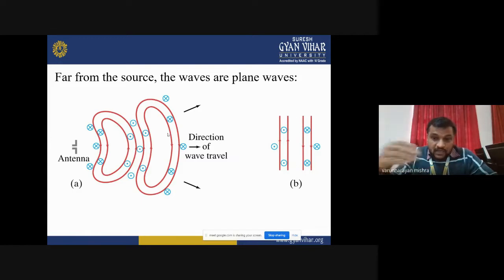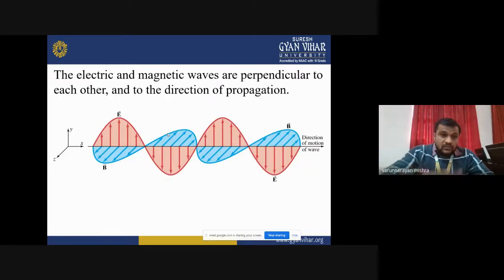The electric field, the magnetic field, and the direction of propagation of the wave are all perpendicular to each other, and that is how an electromagnetic wave travels.